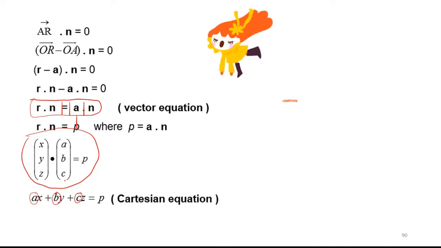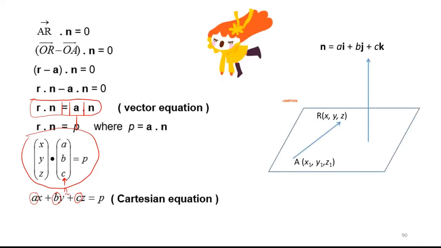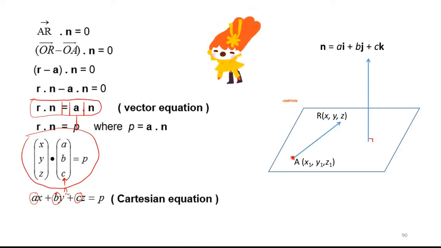So here lah, normal. Okay, so this is the diagram for that. Normal, I said again, must be perpendicular to your plane. A is one fixed point and R is the direction vector from A to R.